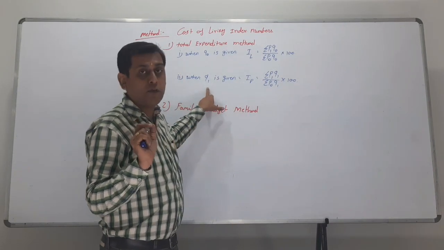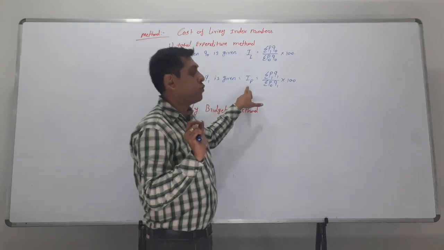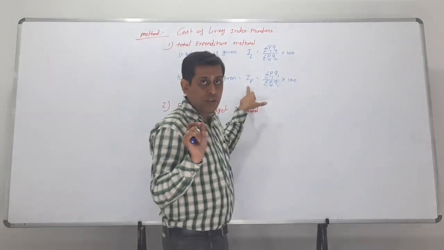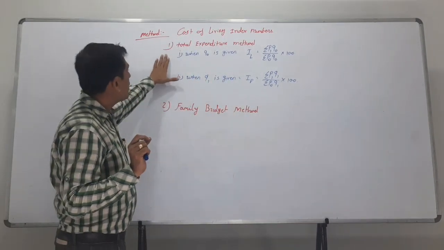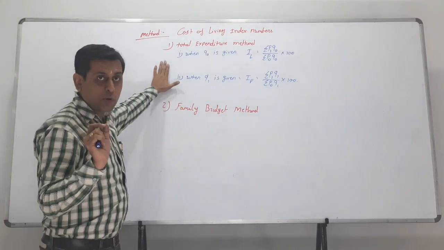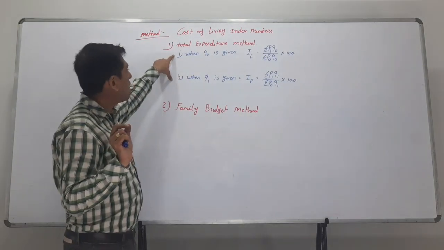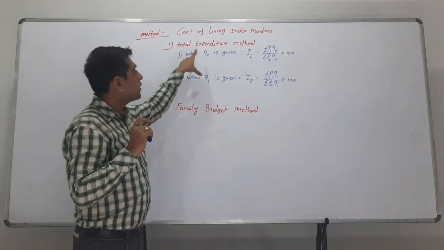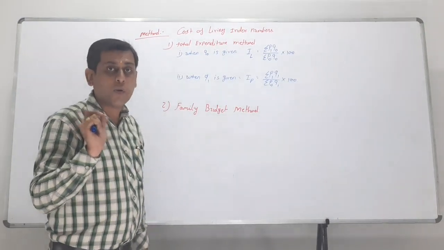And if the quantity of the current year is given, we have to take IP, that is Paasche formula, right? So here only total expenditure method is given in the question, but we have to decide which formula we have to use on the basis of the data given in the question.